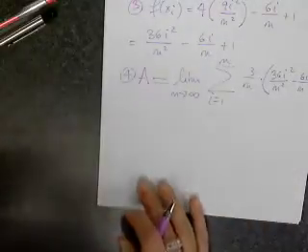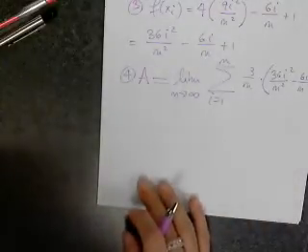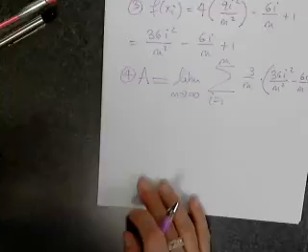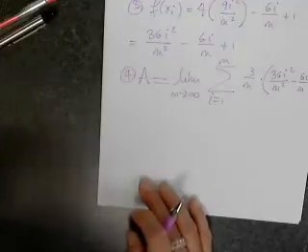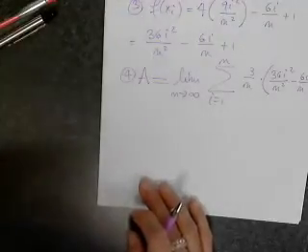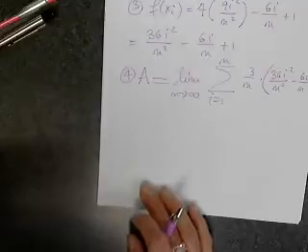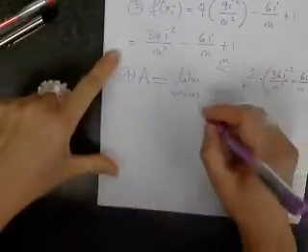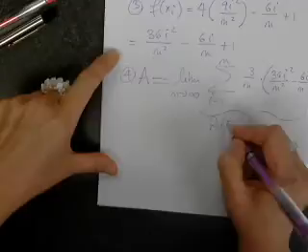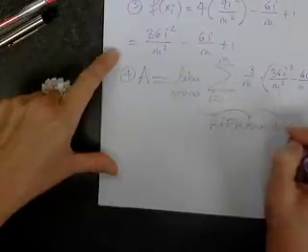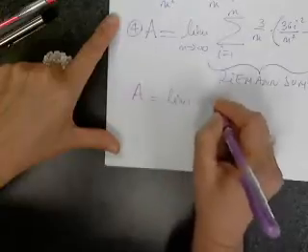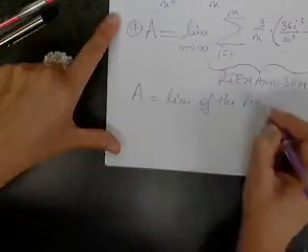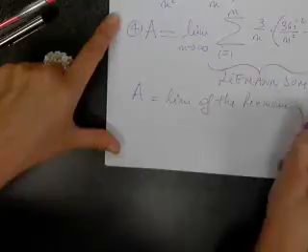Is there a difference whether the summation goes first or the limit goes first? It's mandatory for the limit to be first, because the definition is the limit of the Riemann sum. So this is the Riemann sum, and the area is the limit of the Riemann sum.